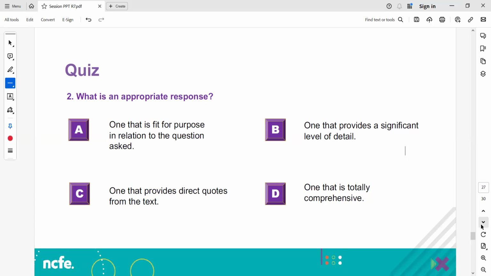So it's A, which could also have been all of the others, because a fit for purpose answer in relation to the question will include the right level of detailed quotes or other evidence, and it will be comprehensive. An appropriate response means one that is fit for purpose in relation to the question asked.